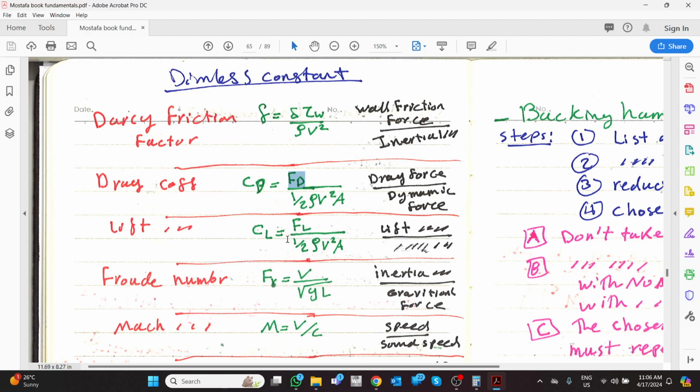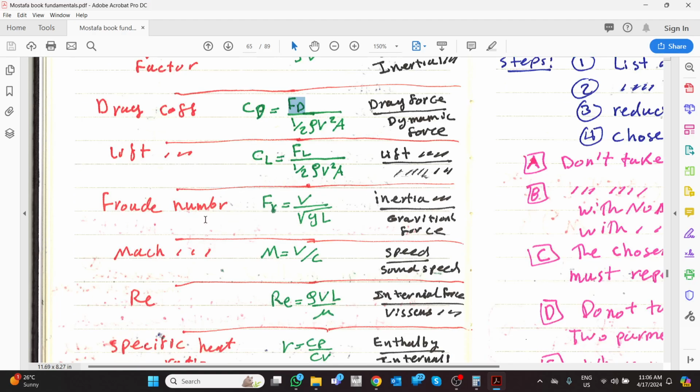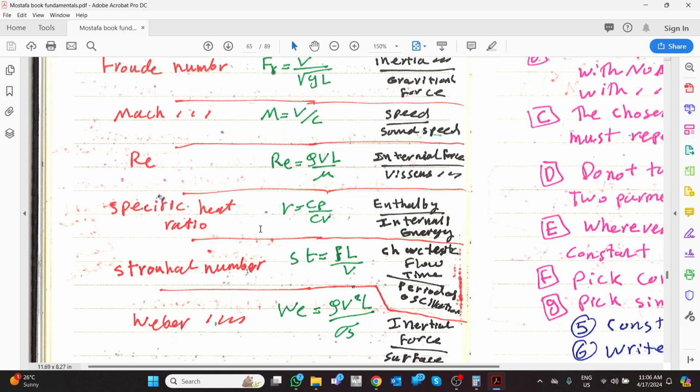Same like lift coefficient, same like Darcy friction factor, which is friction force by inertia force. Same like Froude number, which is the inertia force by the gravitational force. Mach number, Reynolds number, specific heat ratio, which is gamma.